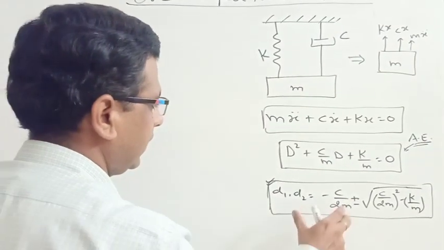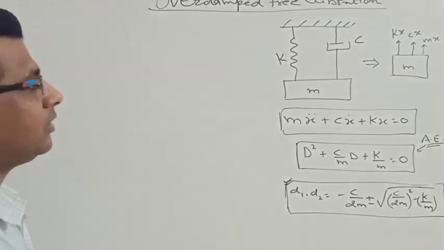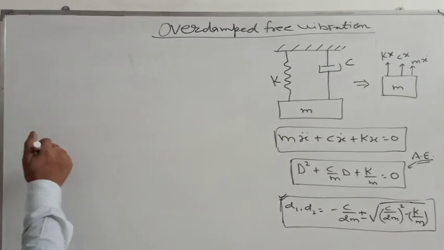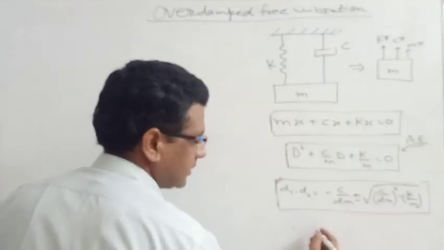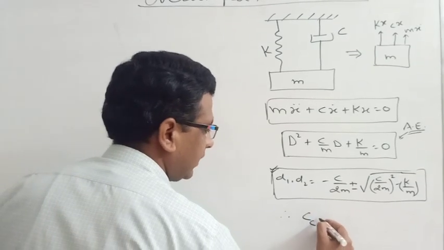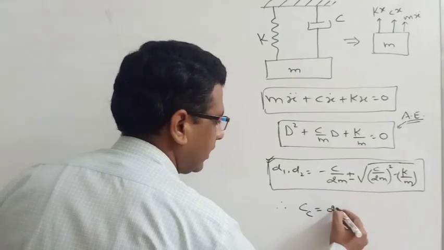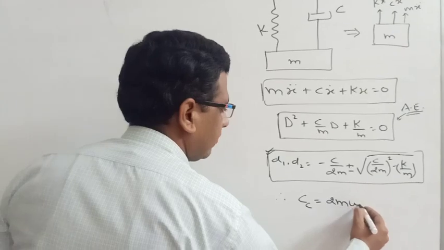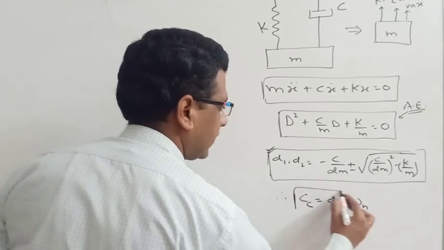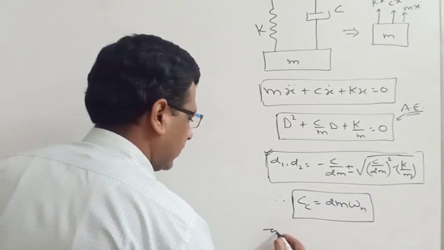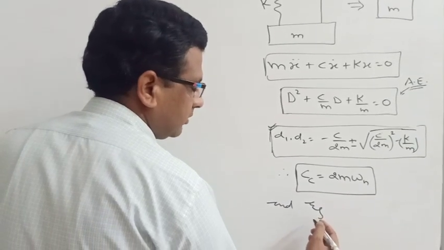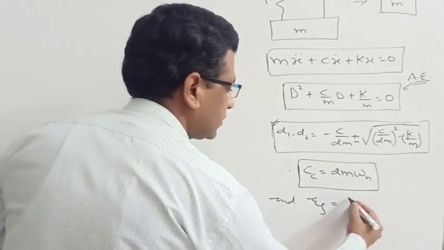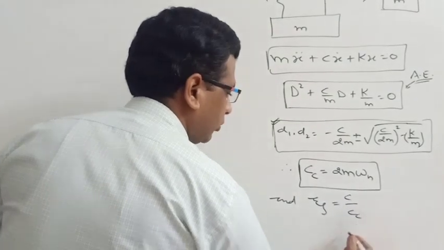Now if we are converting in terms of a damping factor, then we also know that the critical damping is given by Cc equals twice m omega n, and the damping factor zeta is equal to C upon Cc.